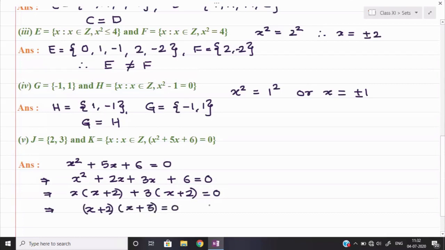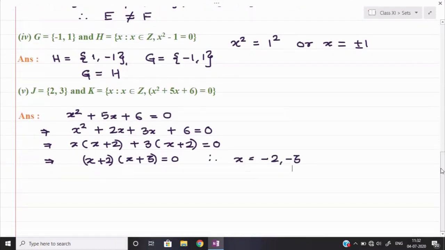So what I can say, the value of x is, one is minus 2 and second one is minus 3. So the elements of set K will be, remember, out of minus 2 and minus 3 I need to take only integer values. So both are integers, both can be taken. So minus 2 comma minus 3.